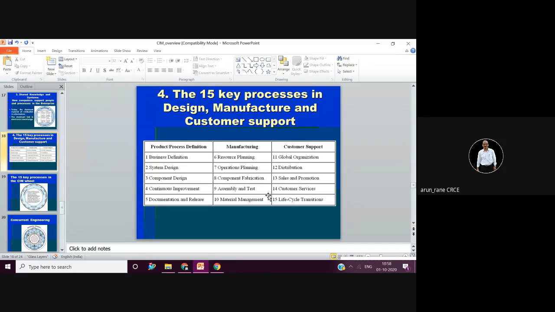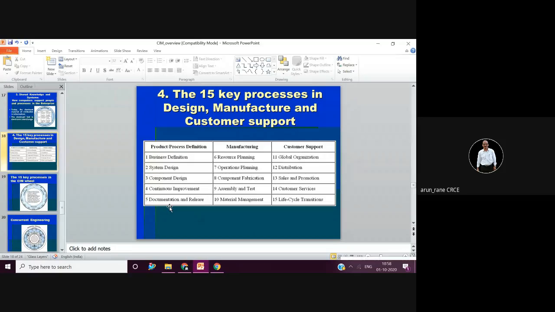He has reduced the rejection. So management will definitely take care of you. So remember, continuous improvement. We are not talking about big improvement. We don't want breakthrough. Small improvements will make the big improvement.